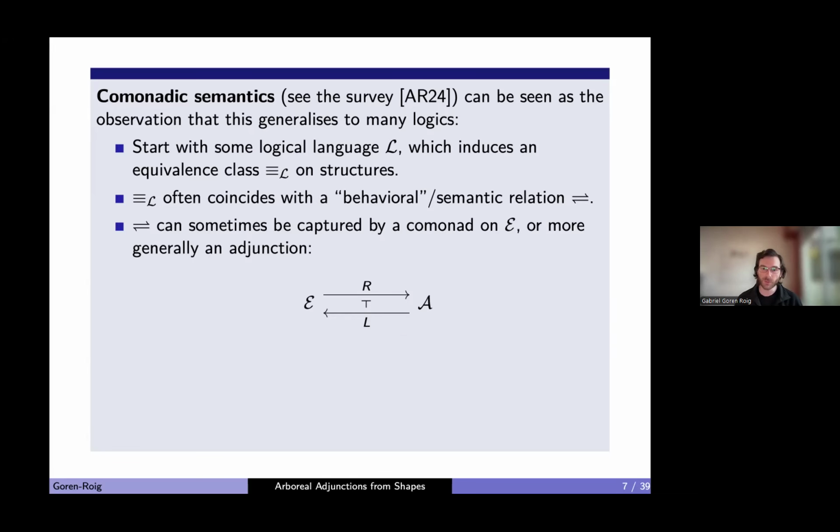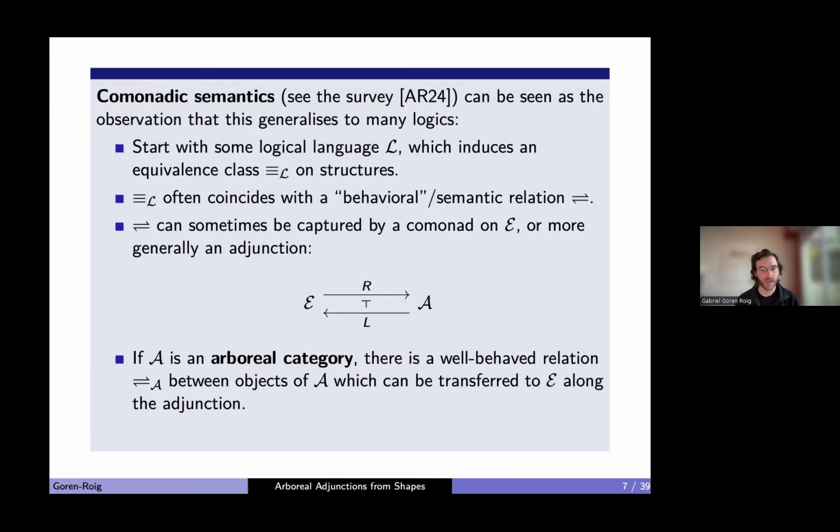And even more generally, we don't really always need a comonad. We just need a certain adjunction. So we will have our extensional category E in relation to another category A through an adjunction. And if this category A is an arboreal category, which I will define in a bit, then I can actually express some bisimilarity relation.